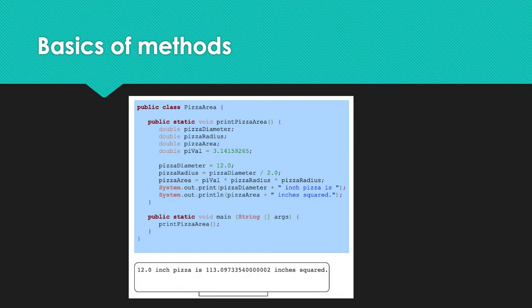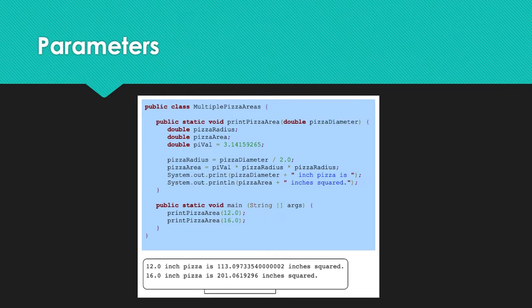Next we take a look at parameters. Same example, the pizza method here is being called, where the user declares two values, in this case 12 and 16. An argument is a value provided to the method during the method call.